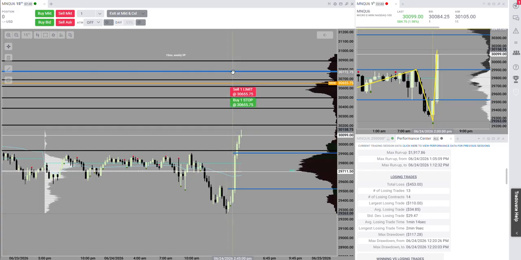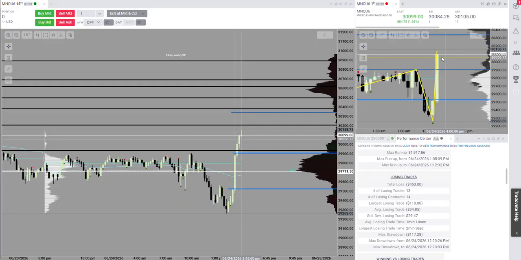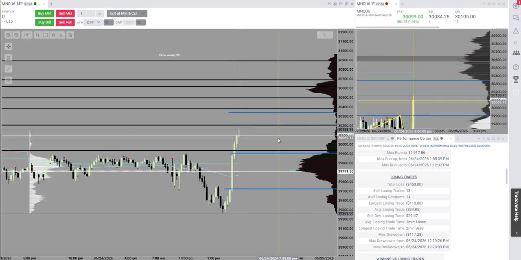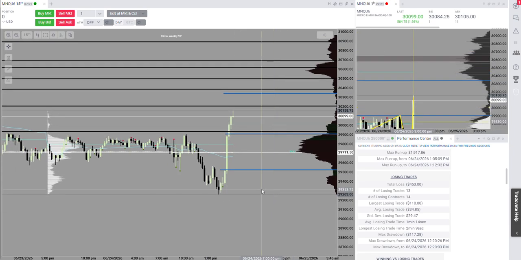Here, let's just get rid of these, and I'm just going to copy this up. Yeah, good enough. Just keep that. So these are the 3 really key levels that I'm watching.